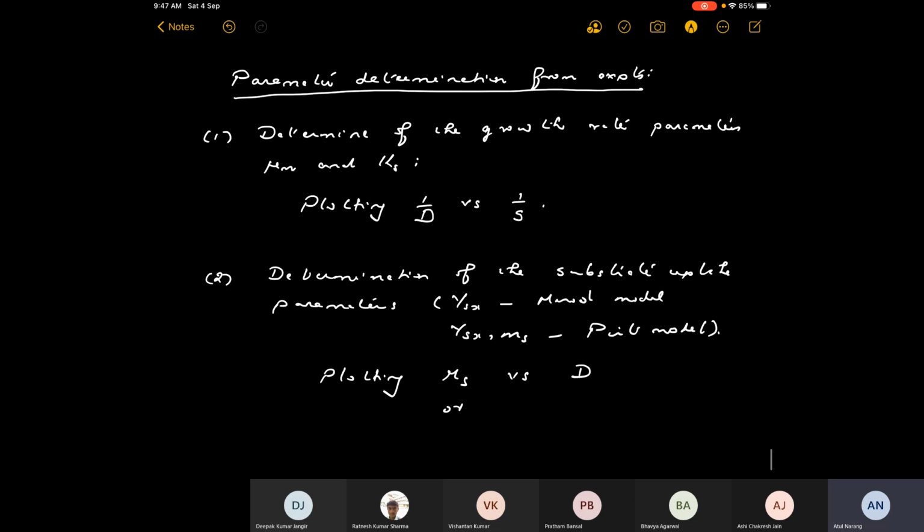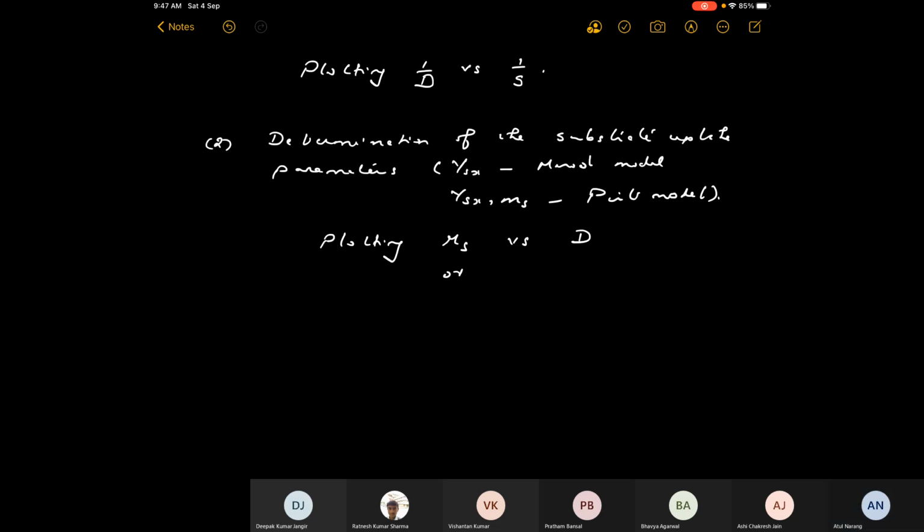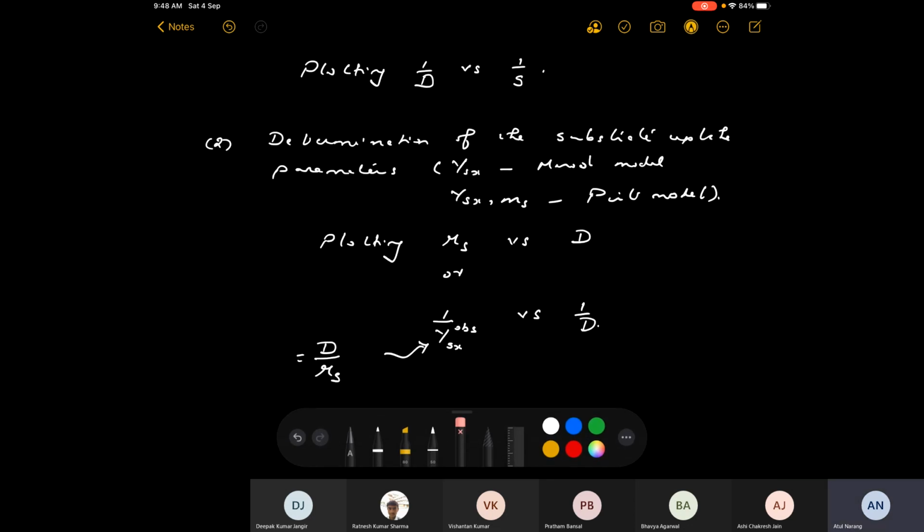Or you can use the convoluted method by Pirt, which first calculates ysx observed and then plots that versus 1 over D, where ysx observed is defined as D over Rs, which is equal to X divided by (SF minus S).